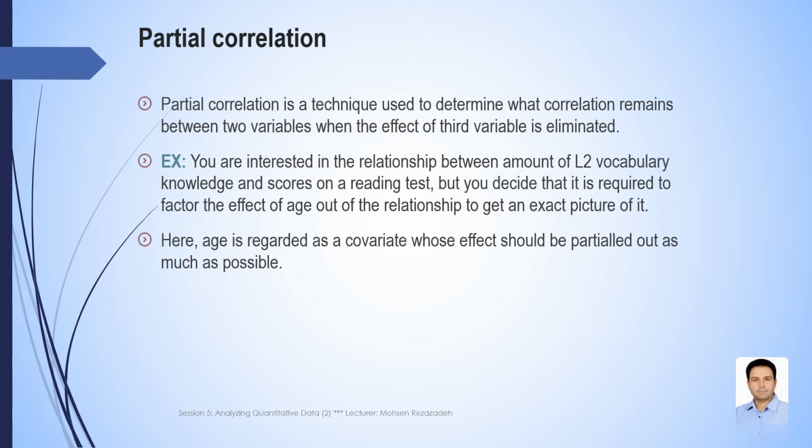In fact, as you can see, partial correlation is a very useful technique, allowing us to examine the relationship between two variables after removing the correlation, which is due to their mutual association with a third variable. For example, a background variable such as the learner's age, intelligence, or aptitude.